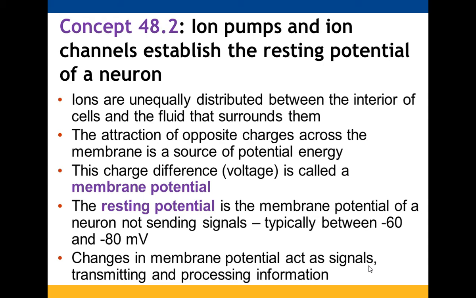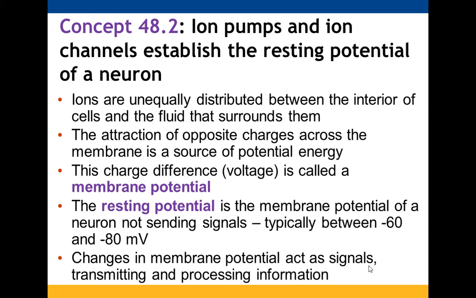Ion pumps and ion channels are able to determine a neuron's resting potential. Between the cells and the interstitial fluid, there are ions that are not distributed equally. They are attracted across the membrane to one another, opposite charges attract, and that is a source of potential energy. That difference, which we are going to call voltage, is known as your membrane potential.